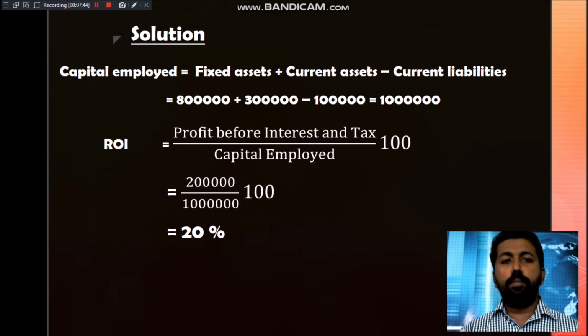So we can directly apply the equation: ROI is equal to 2 lakh divided by 10 lakh into 100, which is 20%. When they invest 10 lakh, they are getting 20% profit. It is a good sign for the organization. They are getting 20% profit every year, and whenever it is increasing, it is a good sign for the organization's growth.